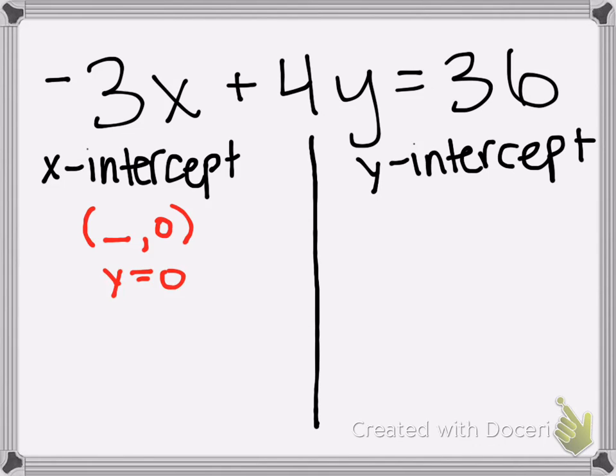Since we know that y equals 0, we can find our value of x by substituting y into the equation. We have negative 3x plus 4, and instead of writing a y, we're going to write a 0 in parentheses to show that we're multiplying those together. Equals 36.